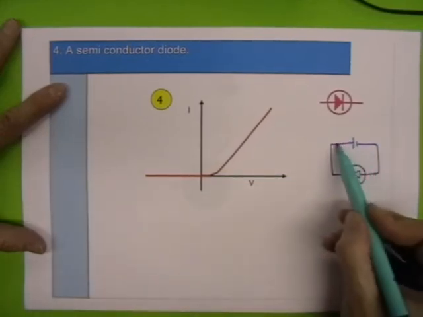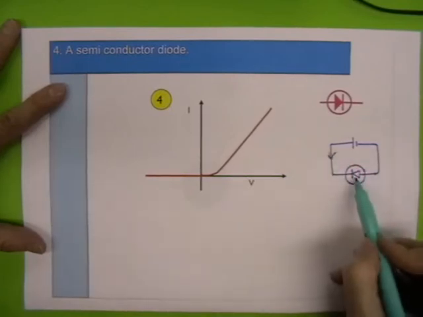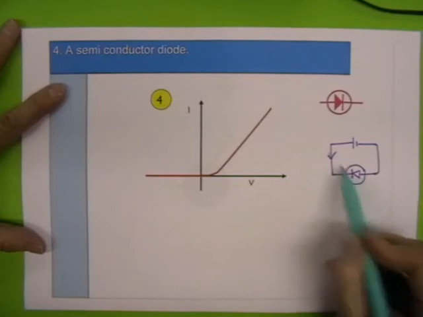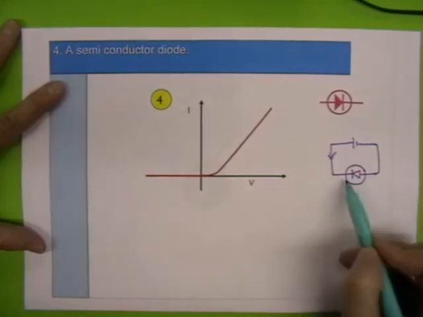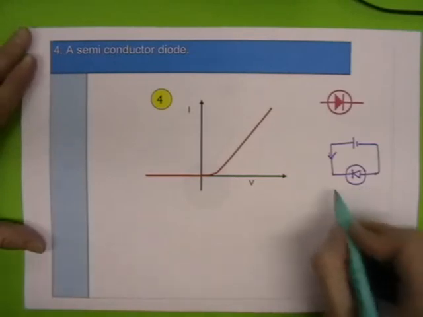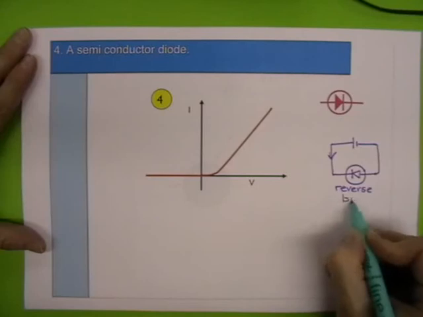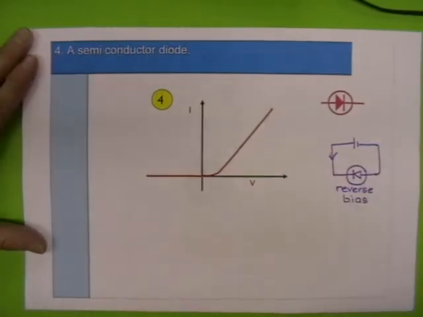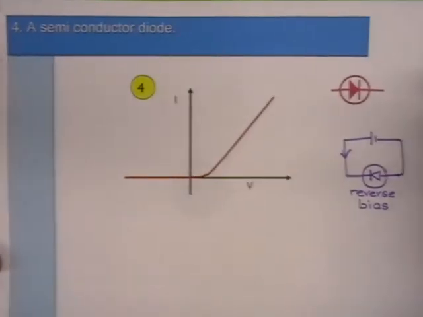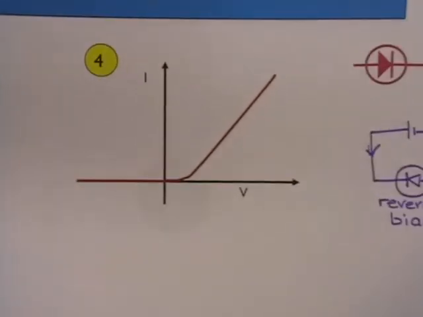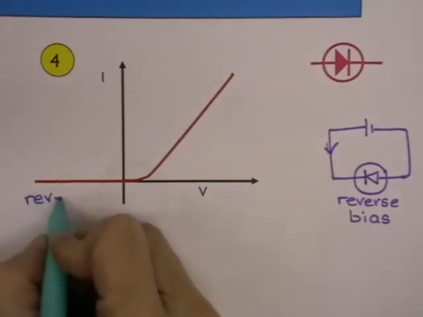There's the direction of conventional current, and when a diode is connected the right way, that arrow should go in the same direction as the direction of conventional current. So this arrow is pointing towards it, so therefore this is the wrong way. We call that reverse bias. I might just scan in a wee bit there for you. Okay, so that's called reverse bias, and no current flows.